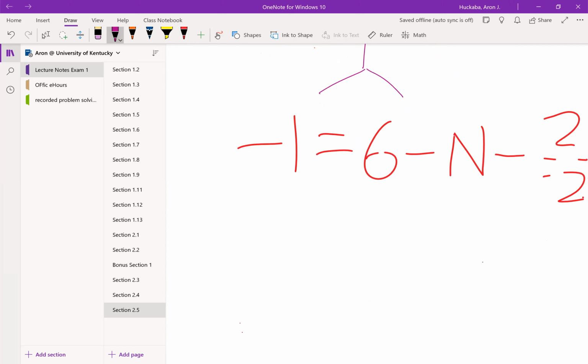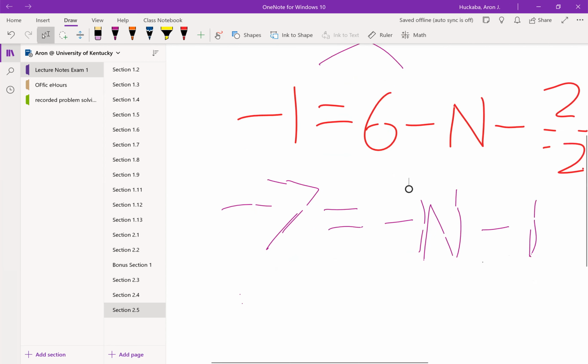In solving for it, we just do the math. Minus 7 is equal to negative n. Man, my tablet is messing up. Minus 1. There we are. Okay.